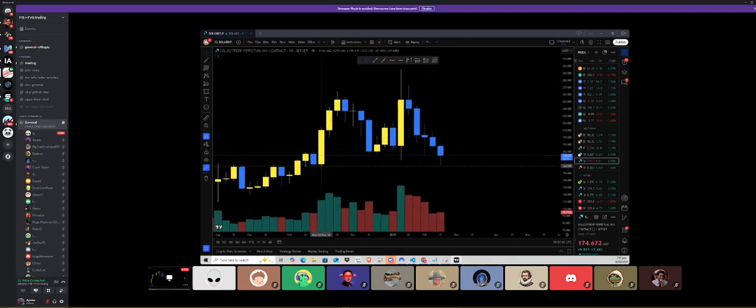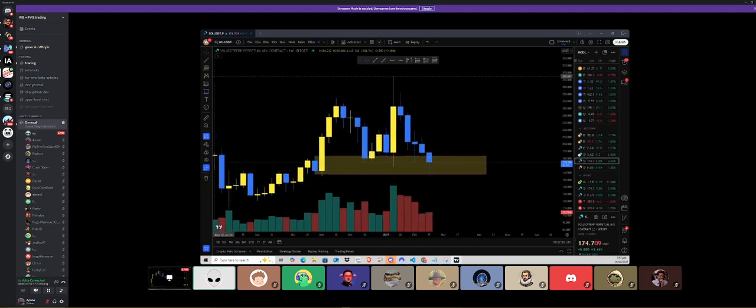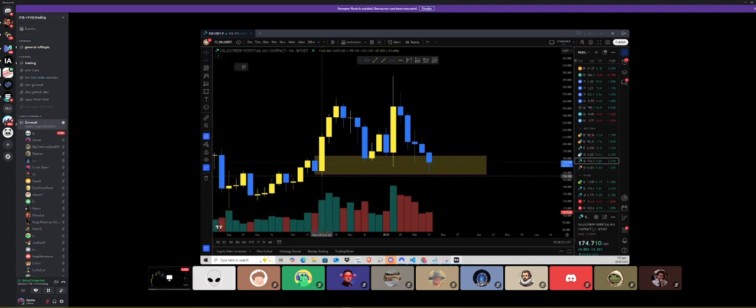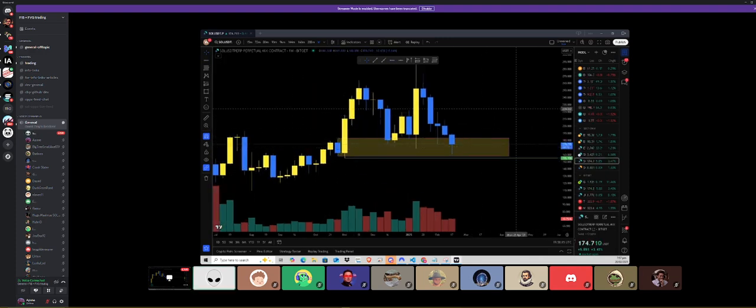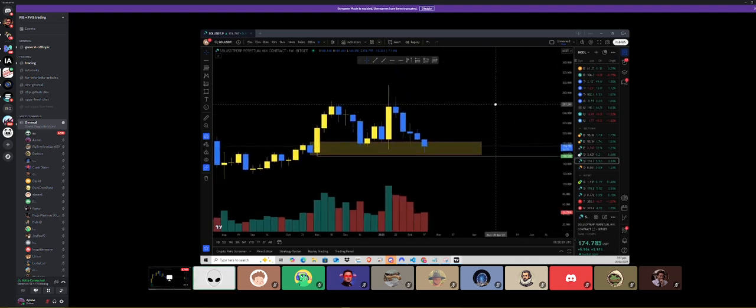So that's the weekly support that's holding this up. If we go below 155.1, we're screwed, as far as longs go, great for shorts.